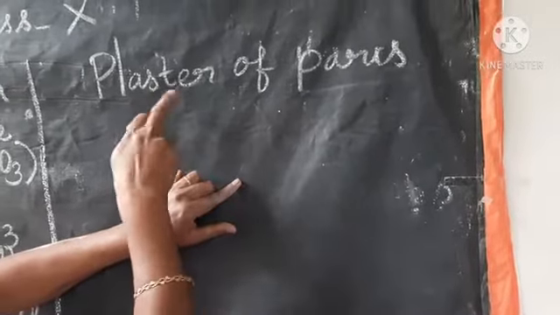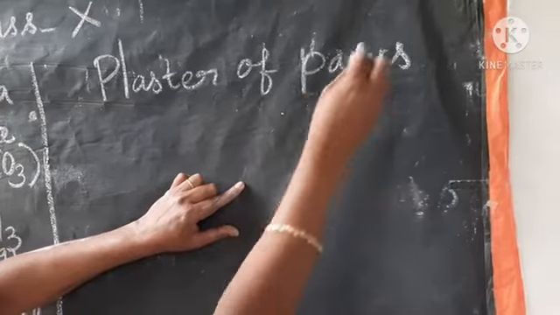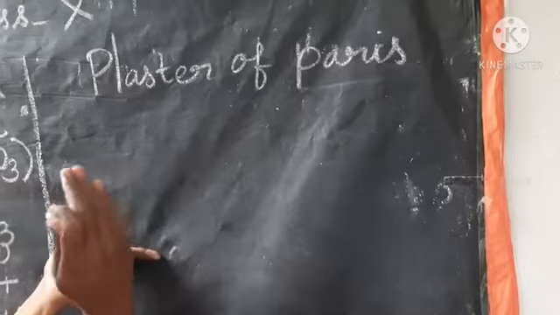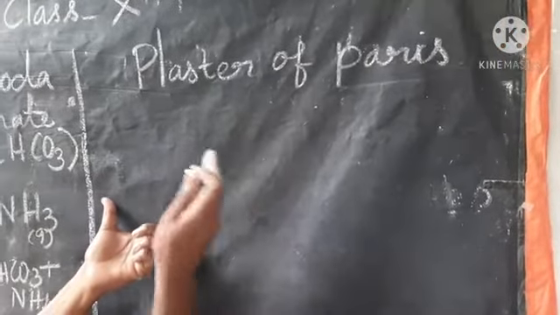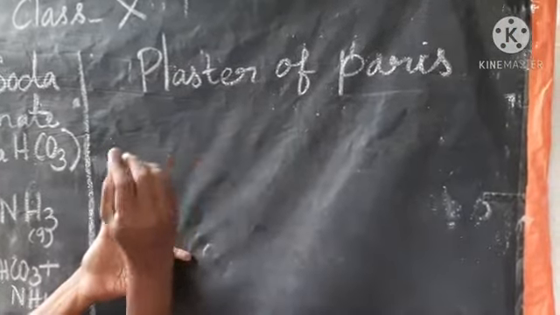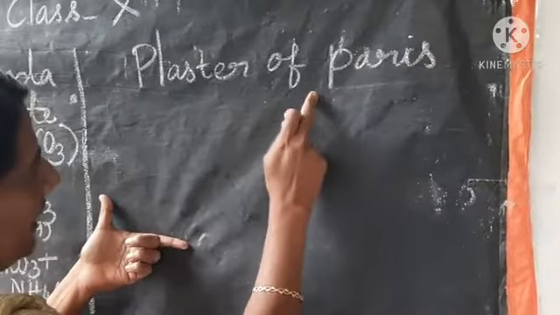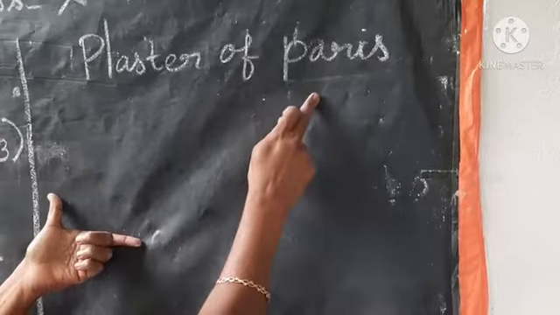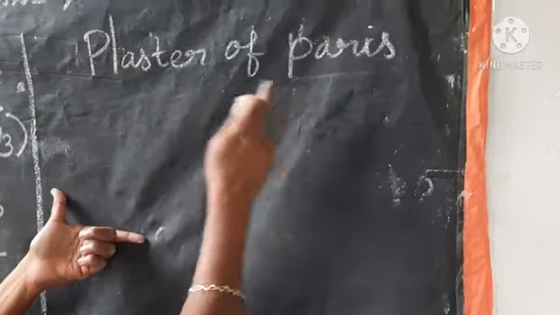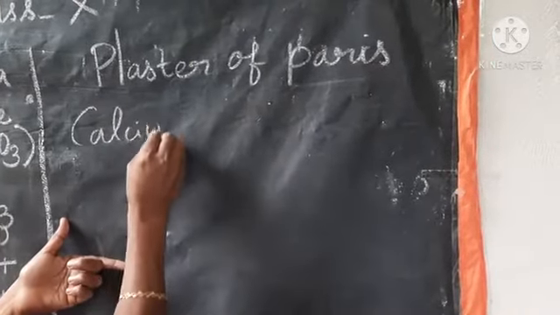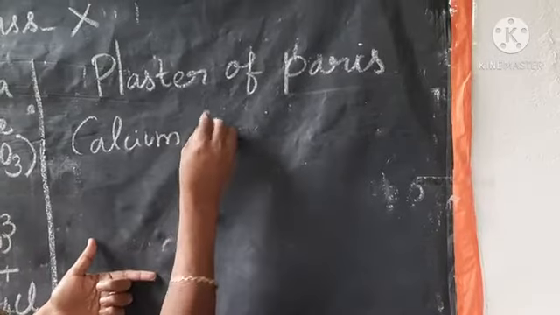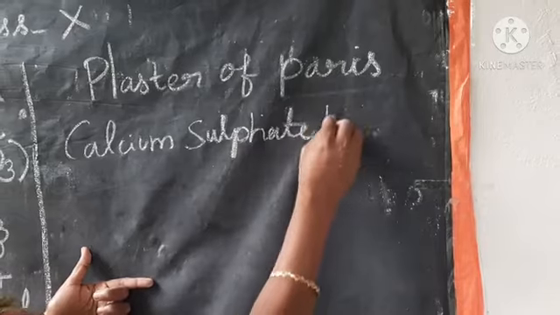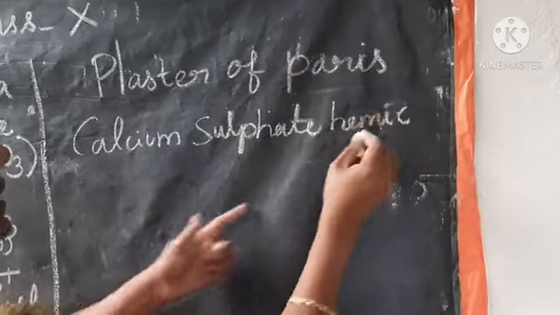Why has it got this name? Because this salt was mainly discovered and obtained from the place Paris. It is a white colored substance. You could have heard and seen plaster of Paris. Mainly it's used to make toys and flower vases. It is calcium sulfate hemihydrate.